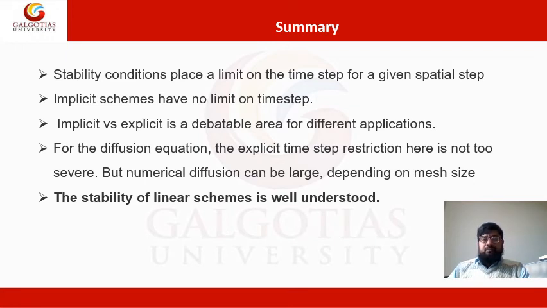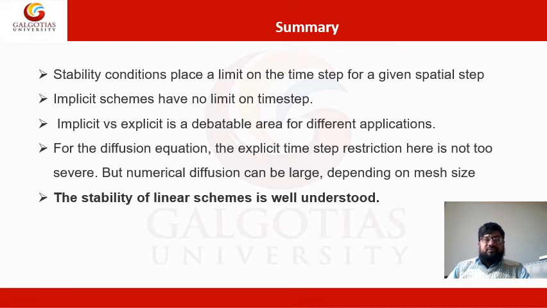So if the number of nodes is greater, then implicit schemes may have a disadvantage in terms of computational time. For example, on a 10 by 10 grid we have to solve 100 equations at a time, and on a 100 by 100 grid you have to solve 10 to the power 4 equations simultaneously.